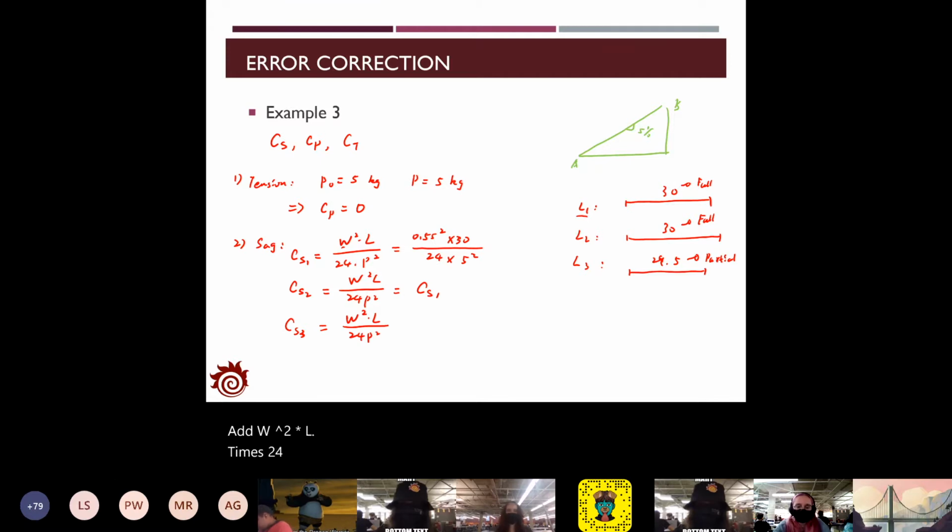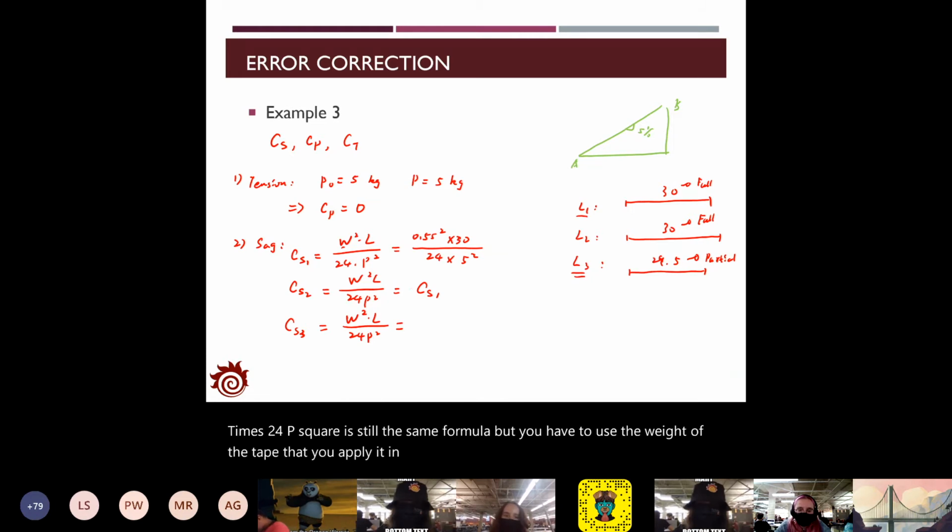It's still the same formula, but you have to use the weight of the tape that you applied in the third measurement. So that is W3 squared times L3 divided by 24 P squared.